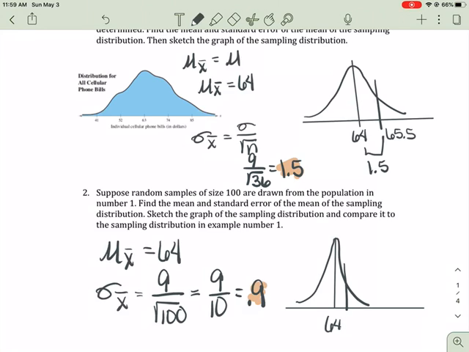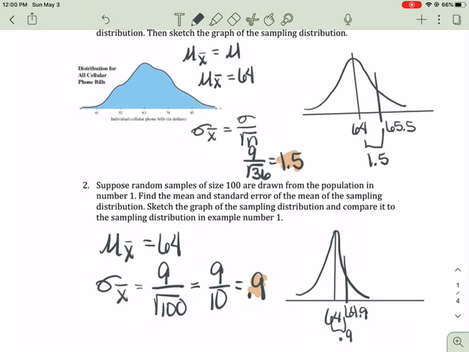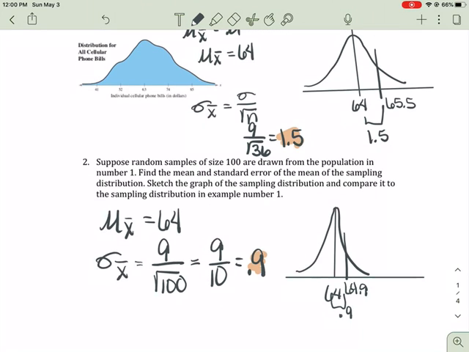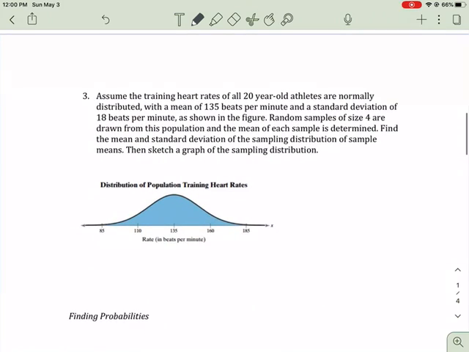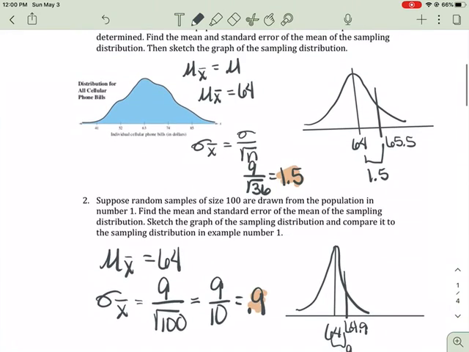The distance for one standard deviation is 0.9, so this would be 64.9 instead of 65.5. So the larger the sample, the smaller our standard deviation is going to be. Okay. All right, so let's try one more of these.